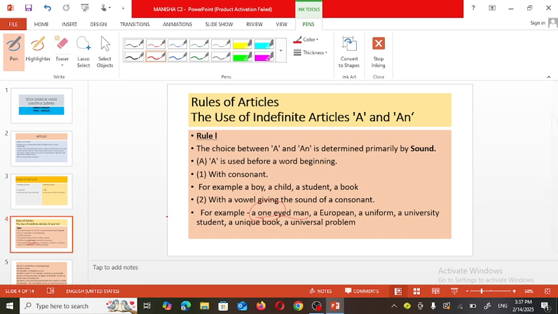No, it's one. It sounds like W, and W is not a vowel. That's why the article a is used before one.